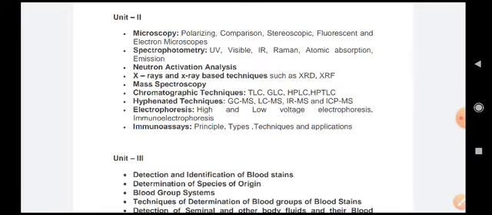The mass spectroscopy, chromatographic techniques like TLC, GLC, HPLC, HPTLC, and also a combination of the techniques which is called the hyphenated techniques like GCMS, LCMS, IRMS, and ICPMS. Also, parts of electrophoresis and various immunoassays are also included in this unit. So I'll be discussing the various topics which are included in the syllabus in my further videos. In this video, I'll just go over and give a brief idea.